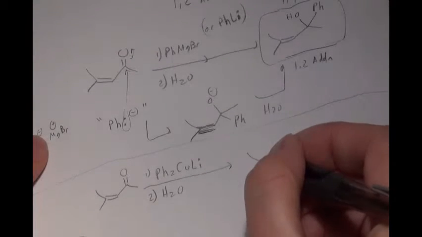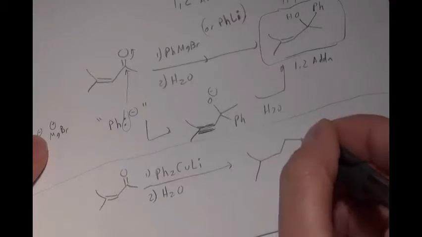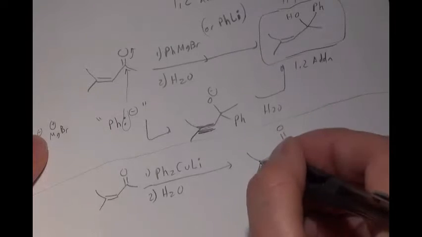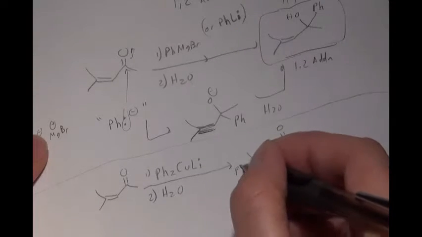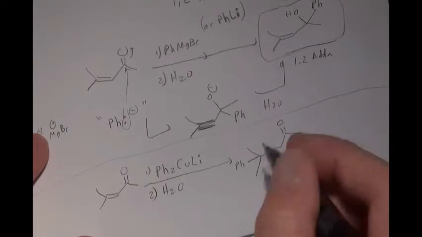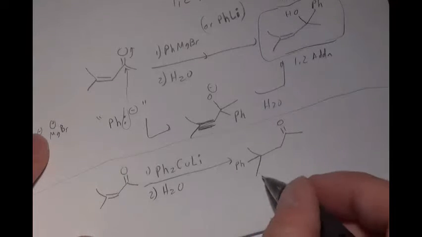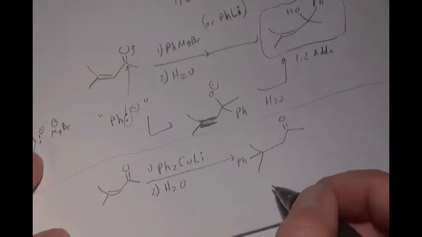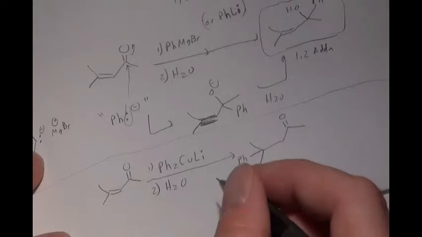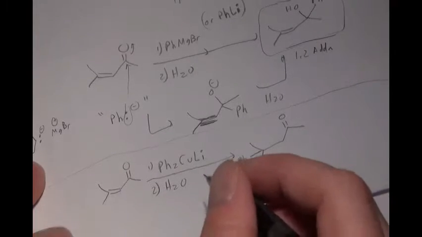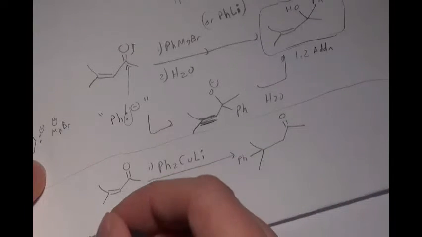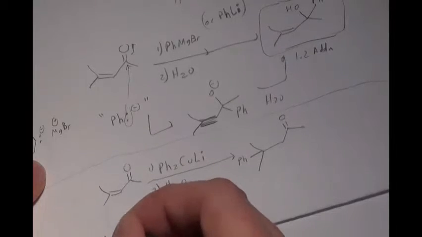End result, puts the phenyl right there, or you could put the phenyl down. The location of it doesn't really matter. Okay, let's just abbreviate the cuprate as phenyl minus also.